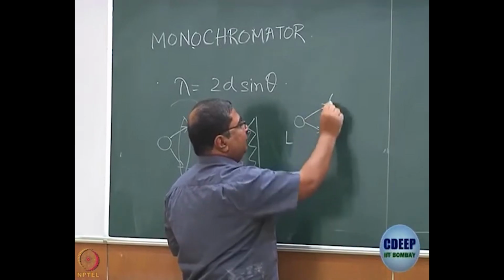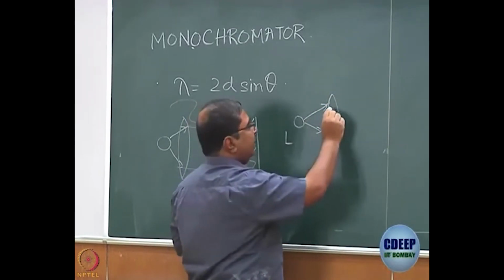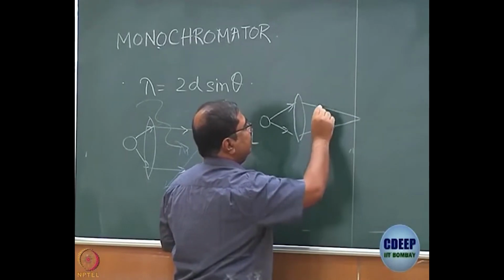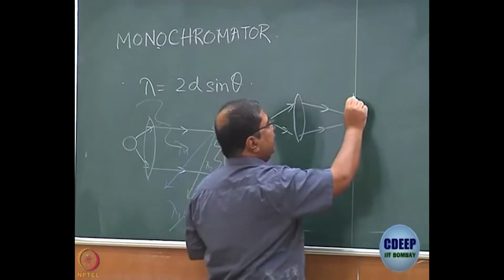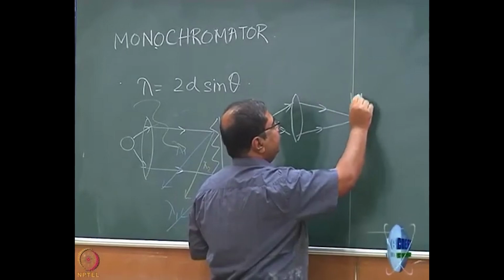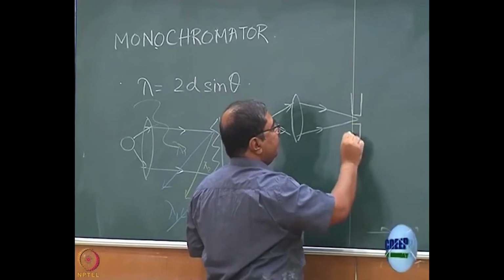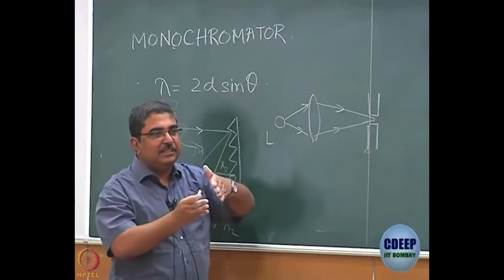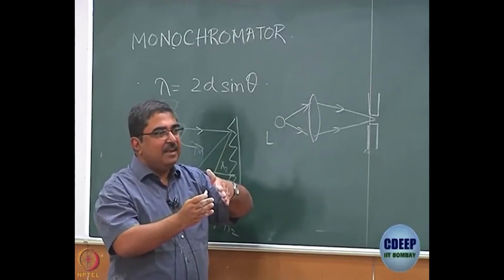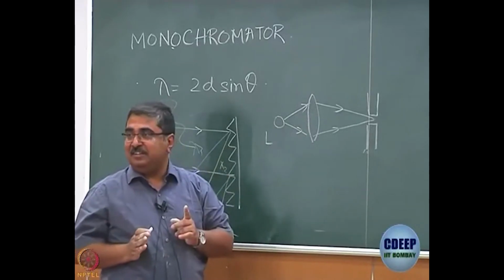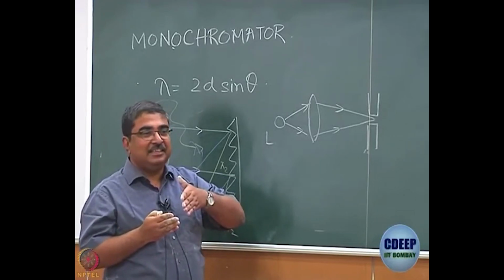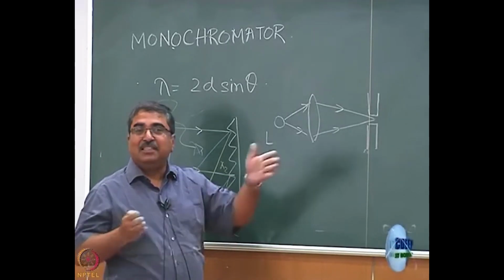The correct arrangement would be use a lens and focus it like this and put your slit here. If I focus tightly, then what will happen? All the light gets in through the slit, right? But what is the problem? What is the problem with a beam that is focused onto the slit? It is going to be divergent from the slit, right?